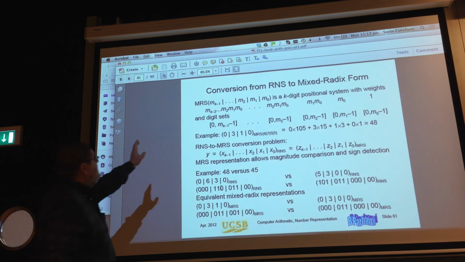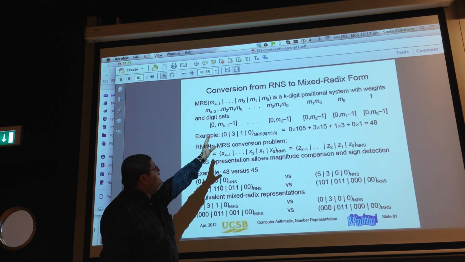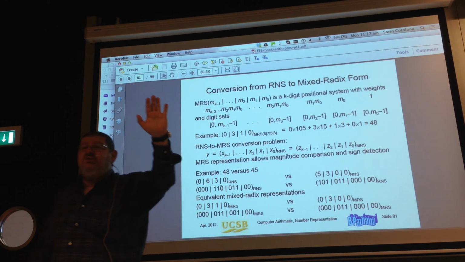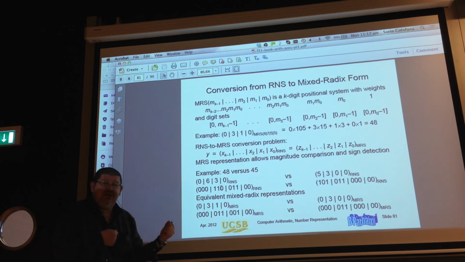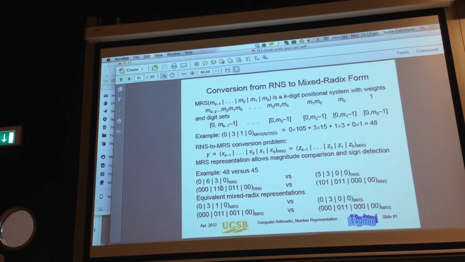The first digit is the one which has the heaviest weight because it's the product of all the moduli. The second is lighter and lighter until the last one has a weight of 1. If I make a conversion from RNS to that radix, I don't have the conversion in here, but you have it explained in the book, how that is done. And it's well explained. It's not unclear. Okay? I can get a way to compare 2 numbers without going in binary.